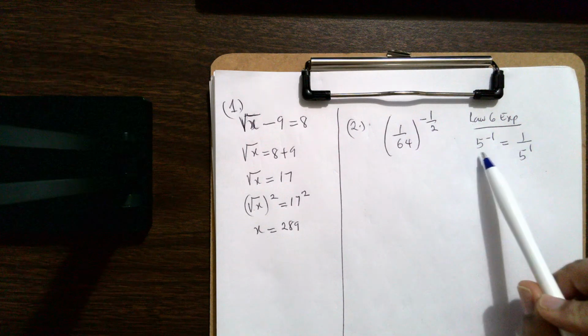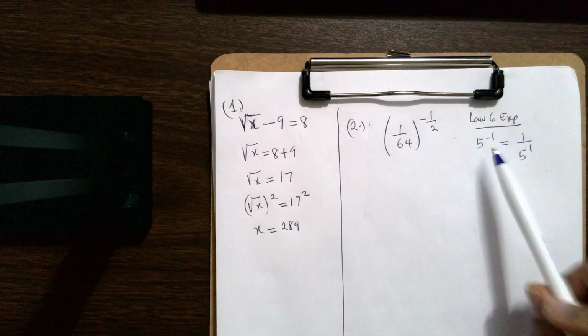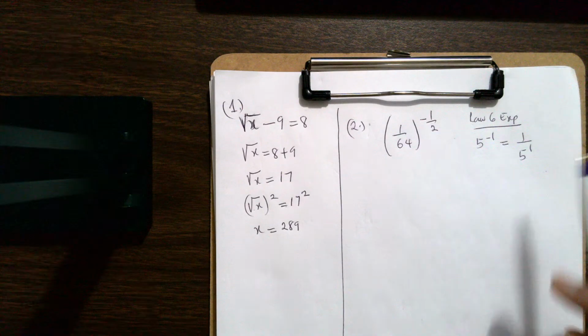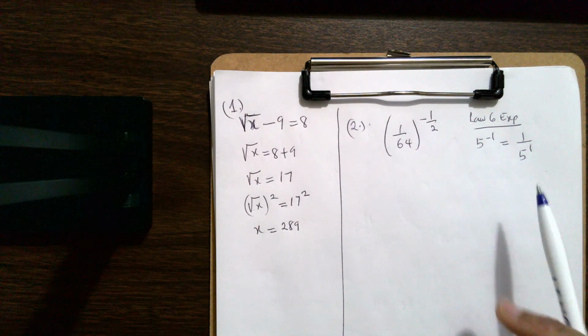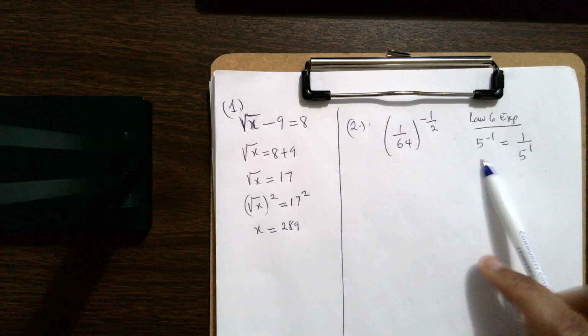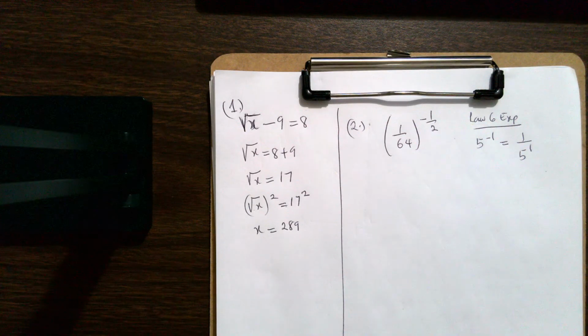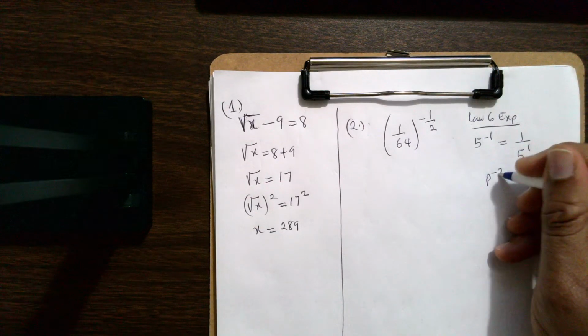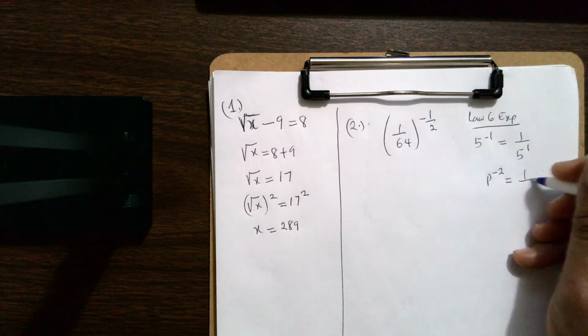The base in this case is 5, and the exponent is negative 1. A base with a negative exponent is the reciprocal of the same base with the corresponding positive exponent. If I have p exponent negative 2, this will be 1 over p squared.